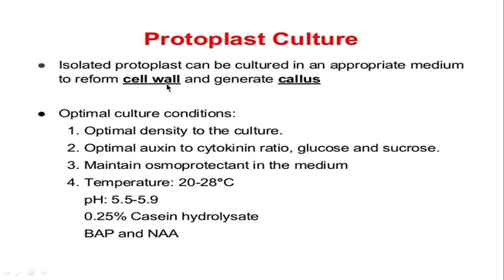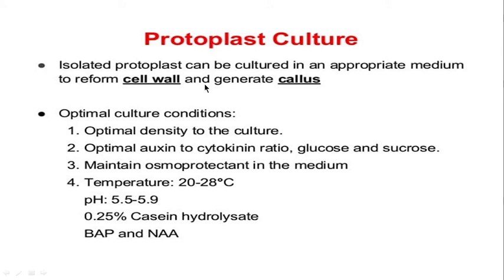After removing the cell wall, the balance pressure will get disturbed. It is placed in hypertonic solution of mannitol. It is always placed in hypertonic solution. That hypertonic solution will act as an osmotic stabilizer, and the inflow will not increase and the cell will not burst.